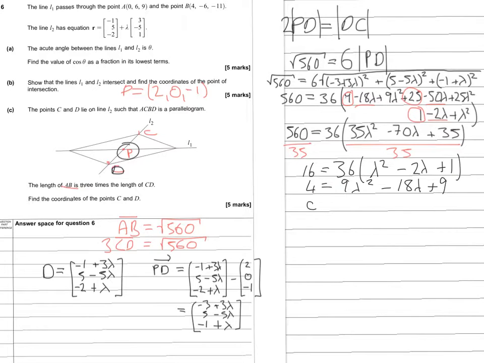Minus 4 both sides, 0 equals 9λ squared minus 18λ plus 5. Factorise that: multiplies to 5, (3λ - 5)(3λ - 1), multiplies to -15, minus 3λ, yep, so that works.